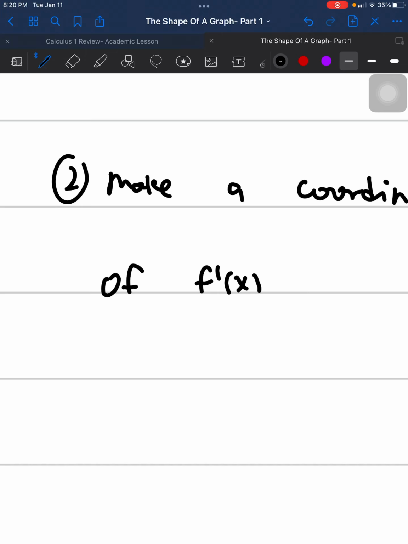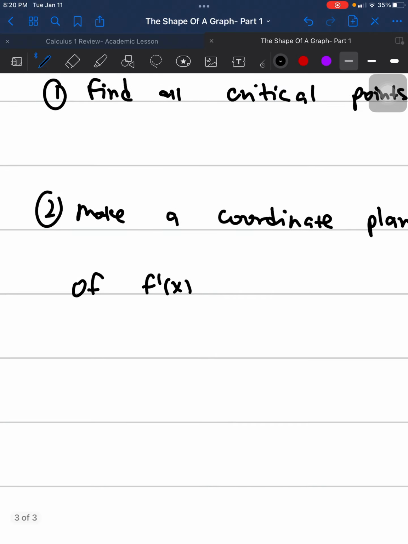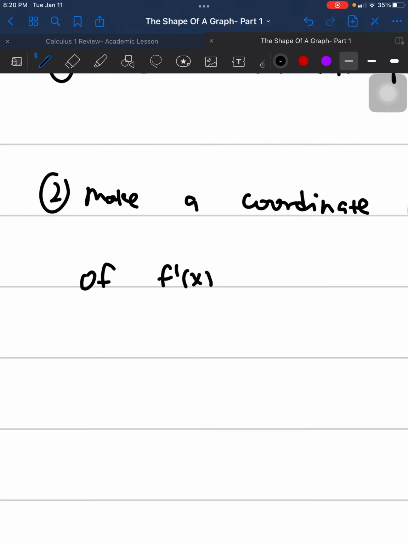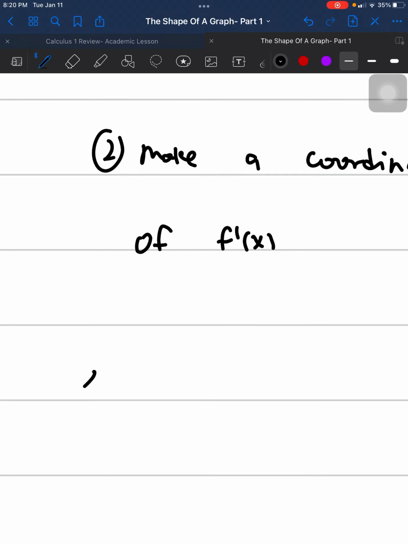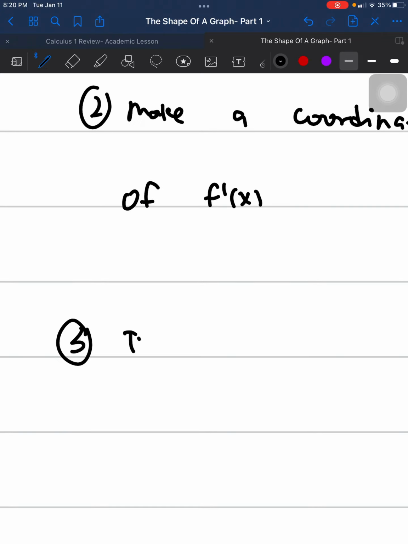We do this to determine where f prime of x is positive or negative, since the slope directly shows us whether the original function f of x is increasing or decreasing.